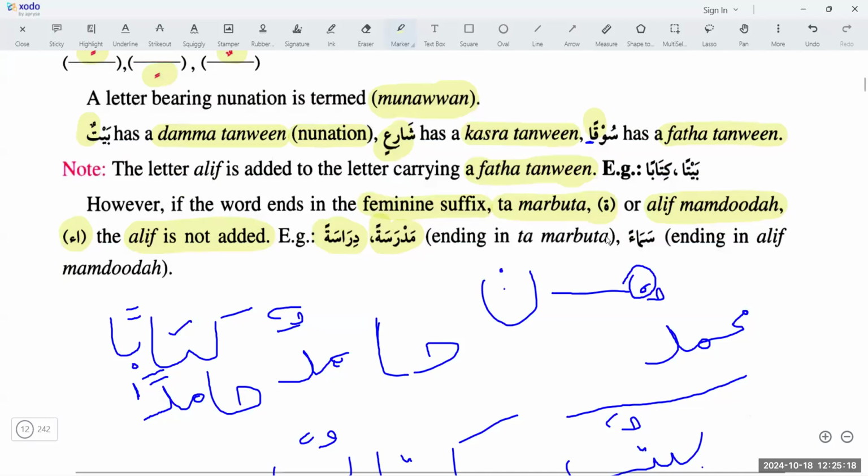So these nouns are ending with the ta marbuta. The next is the nouns ending with the alif mamduda. Sama'an. There is alif and hamza at the end, and there is a fatha tanween on the hamza. So we will not add an extra alif here.